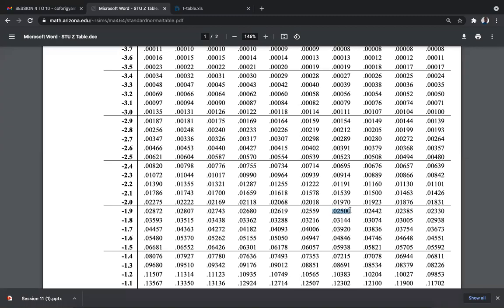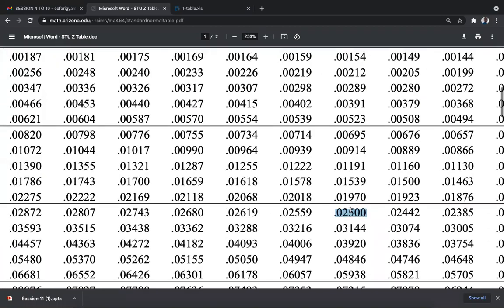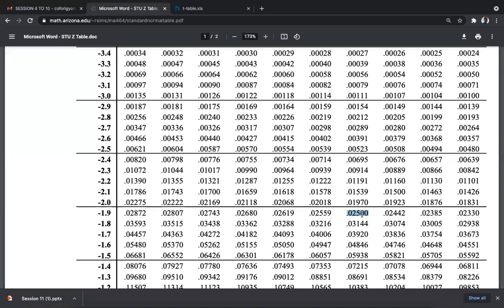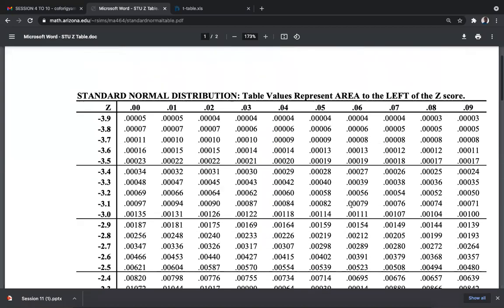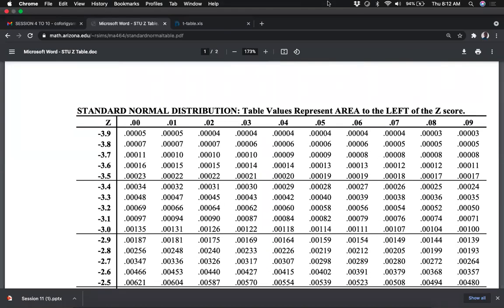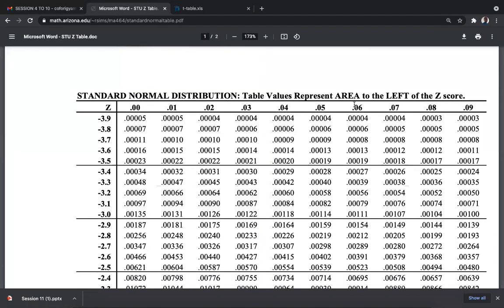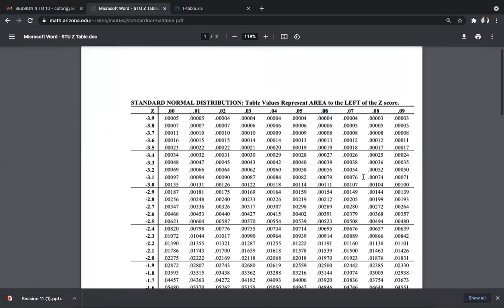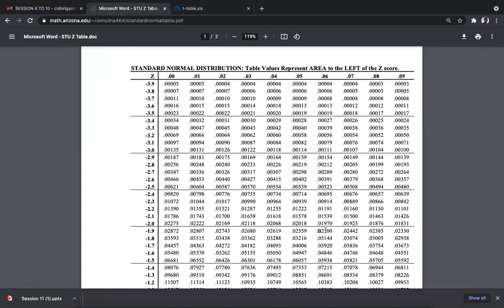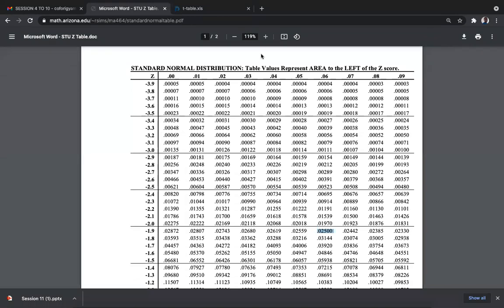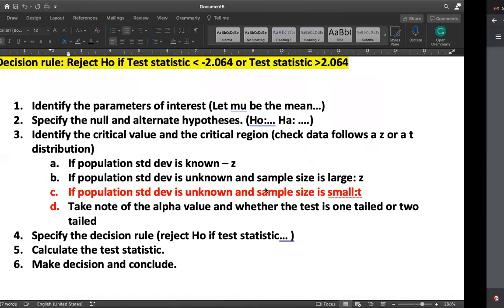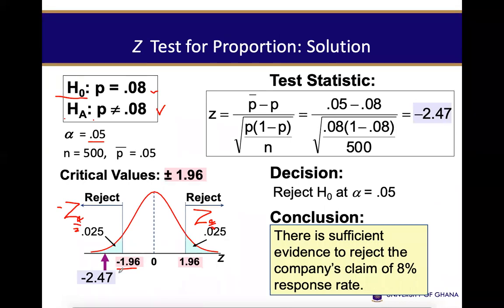That is very, very accurate. It's hard to get figures like this. And the z value that corresponds to it is minus 1.9 on the side, and then 0.06 at the top. So that gives us 1.96. So it's actually minus 1.96 or positive 1.96.